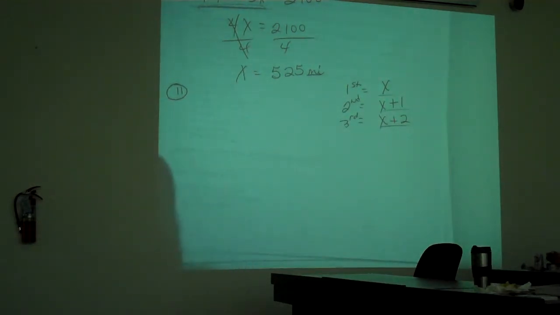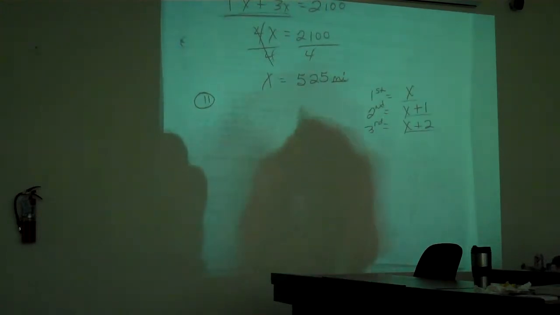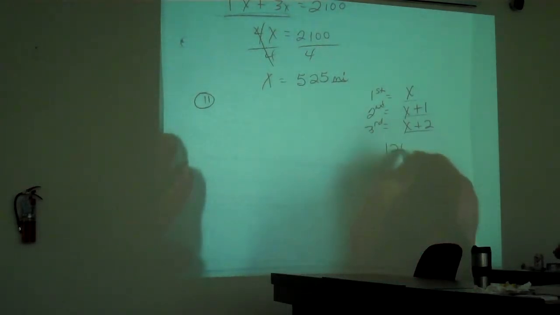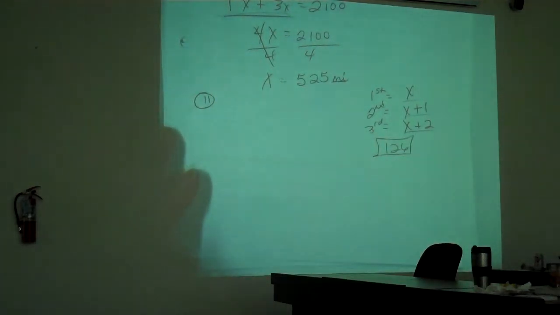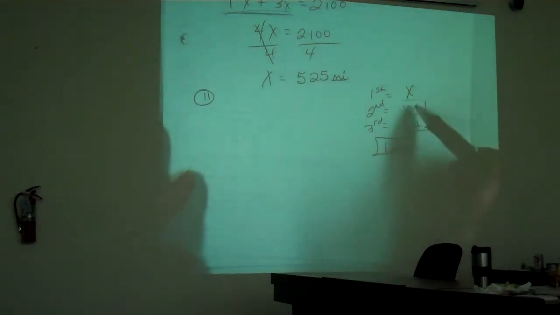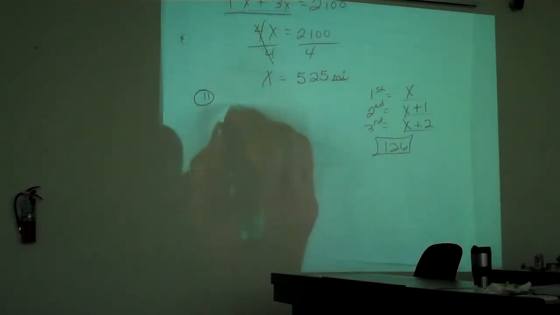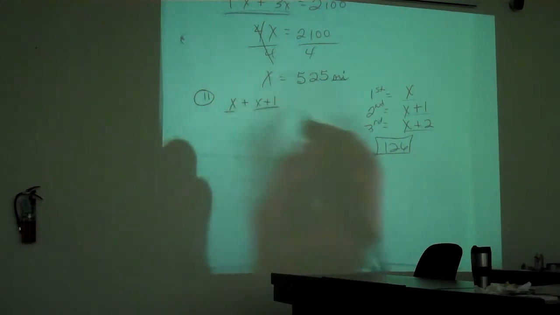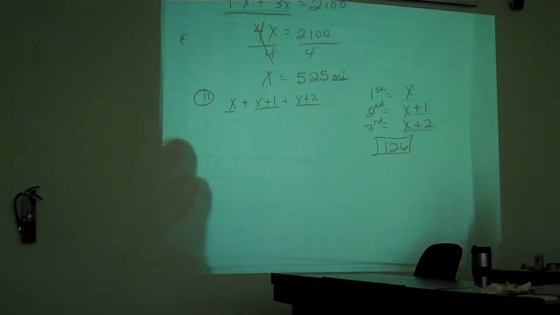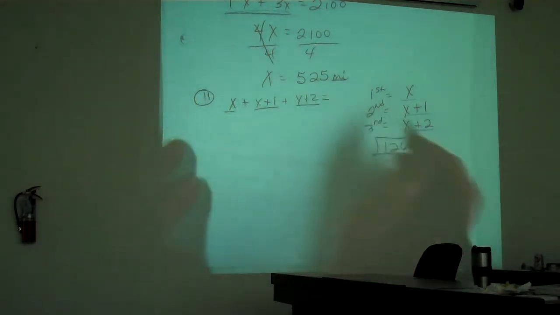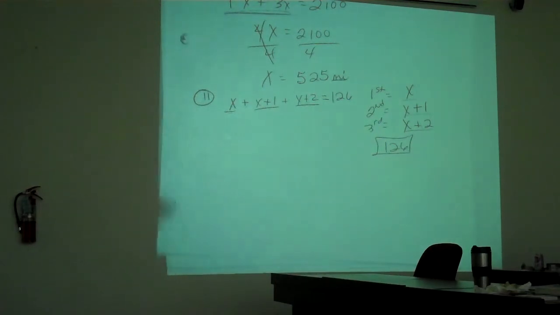What did it say they add up to? 126. Right? So if you add this plus this plus this, X plus X plus 1 plus X plus 2, that's your 3 tickets, and it equals 126.